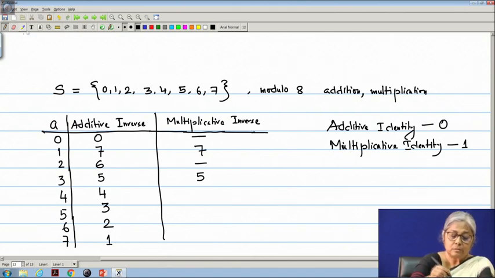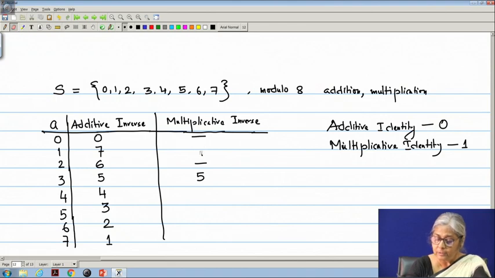I made some mistake. We are taking the multiplicative inverse of 1. So, the multiplicative inverse of 1 is 1 only, 1 into 1 modulo 8. For 2 it does not exist.